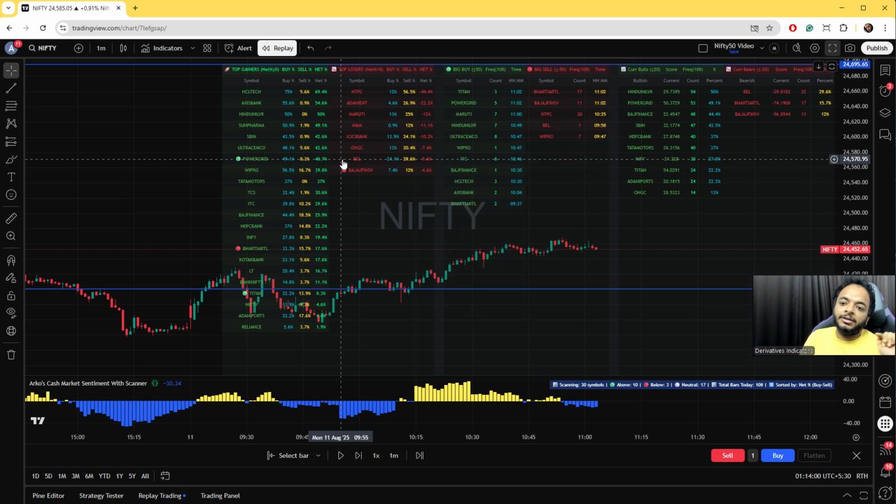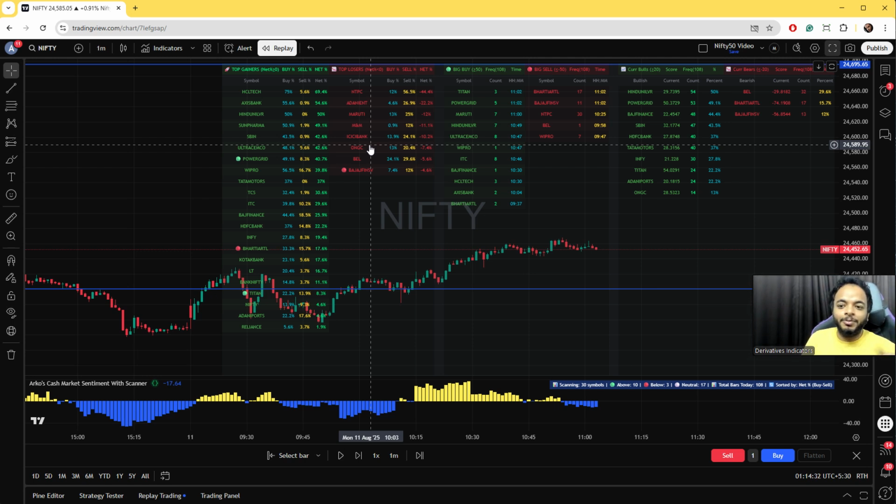Right now you will see that Bharti Airtel is in the top gainers list at 1104, and you see that someone is selling now. There is a red mark, and the red and green do not depend on the top losers or the top gainers. In the top losers, if the red comes, further selling is happening. In the top gainers, if the green ball comes, further buying is happening.